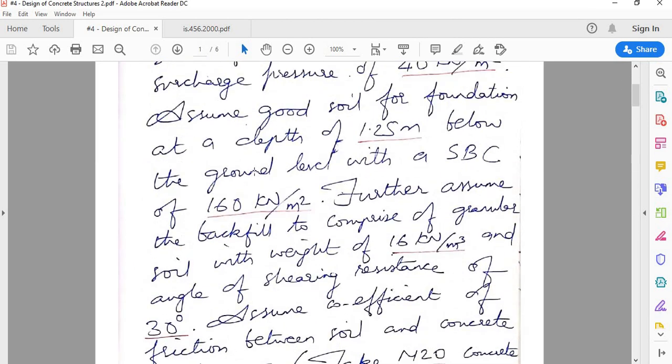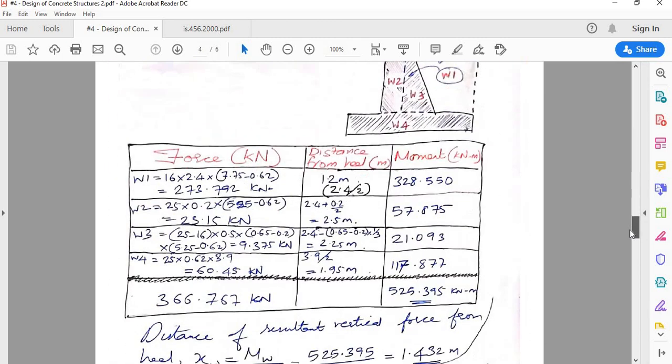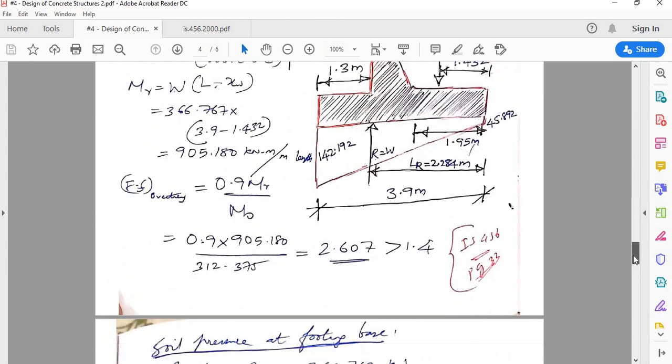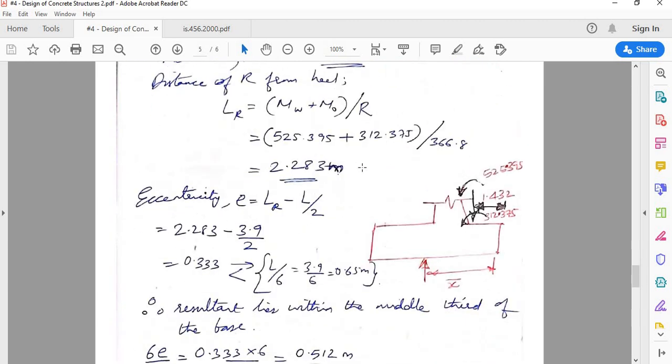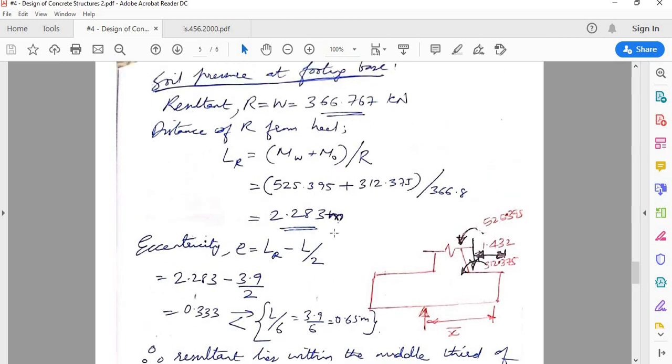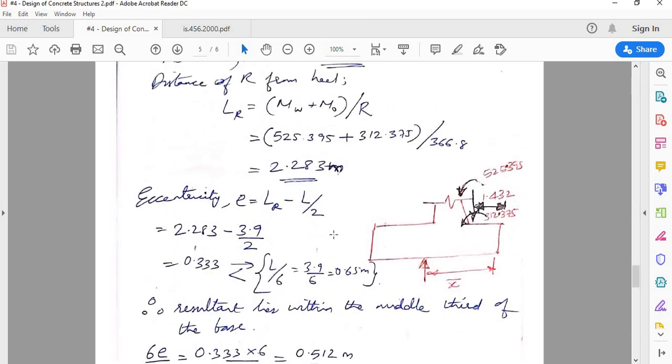In the question you are given that the SBC is 160 kilonewton per meter square, and from the principles of foundation design you know that in the pressure diagram under the soil, there should not be tension between the footing and soil, meaning soil pressure cannot go into the tension region. So we will do two checks. One is the bearing pressure: the maximum pressure should be less than the SBC, and the minimum pressure should not go to tension.